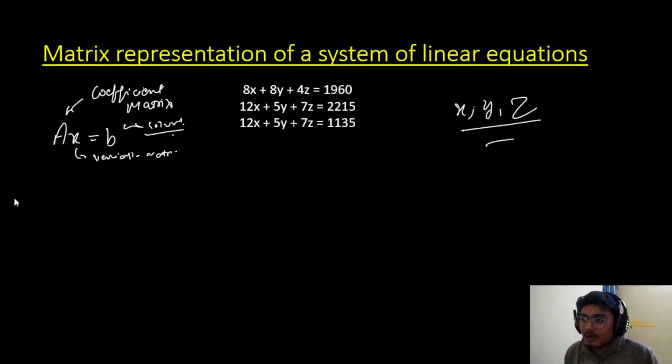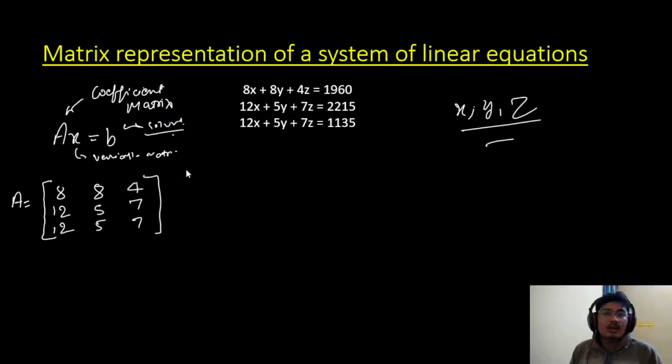We will form matrix A, the coefficient matrix, by collecting the coefficients of all these variables. So the coefficient matrix of this system will be 8, 12, 12; 8, 5, 5; and 4, 7, 7. This is the coefficient matrix of this system of linear equations.